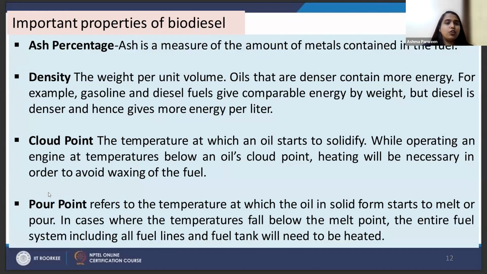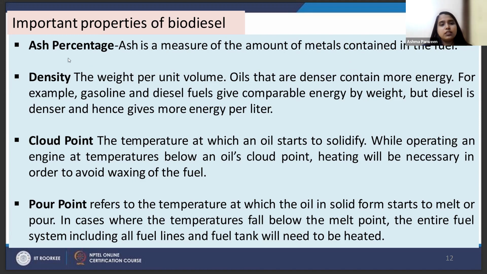So what are the important properties required for biodiesel? First is ash. After combustion, some amount of unburnt carbon and other things will be present. Ash is the measure of the amount of metals contained in the fuel, because all the carbon and other compounds will be burned, and those that can't be burned will be present in the ash.